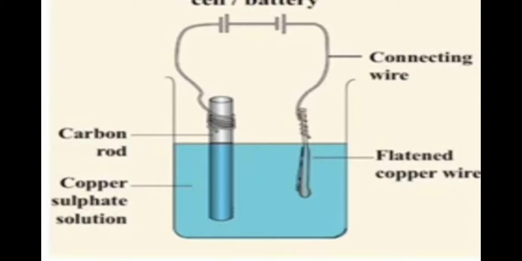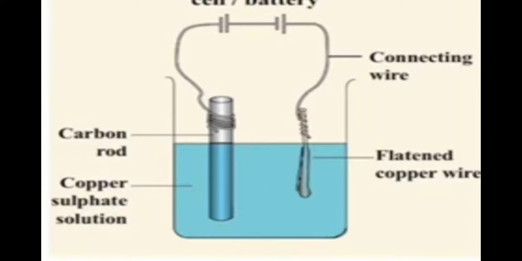Now connect the copper wire to the positive terminal of the electric circuit. Wait and watch. After some time, you can see the fine copper get deposited over the carbon rod, and this process is called electroplating.